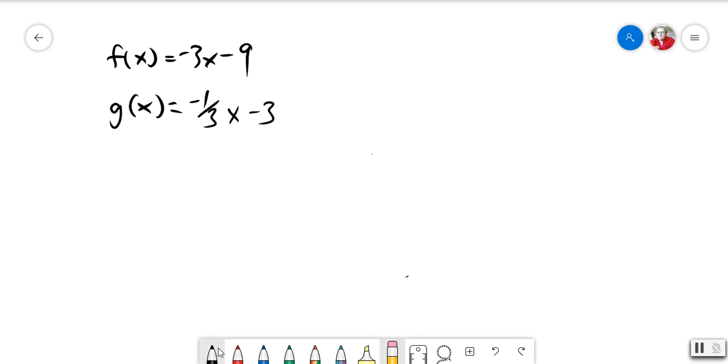Okay. So basically what this boils down to once more is g of x, yes or no, equal to the inverse of function of x.